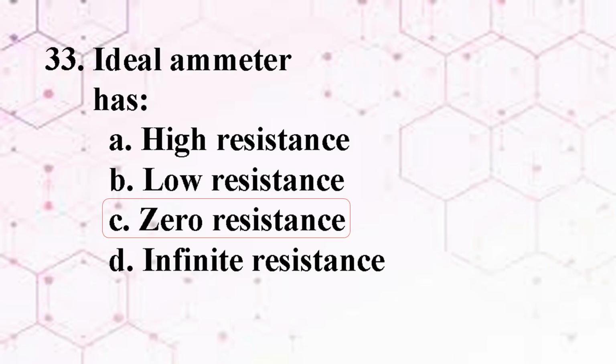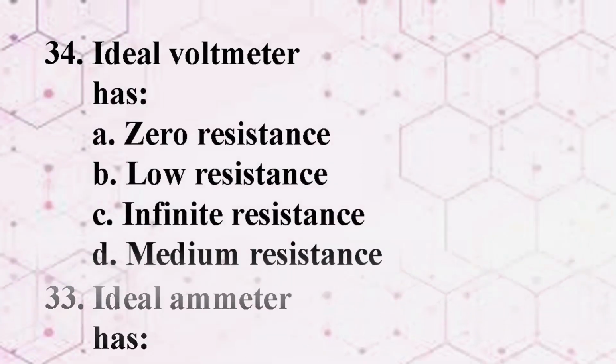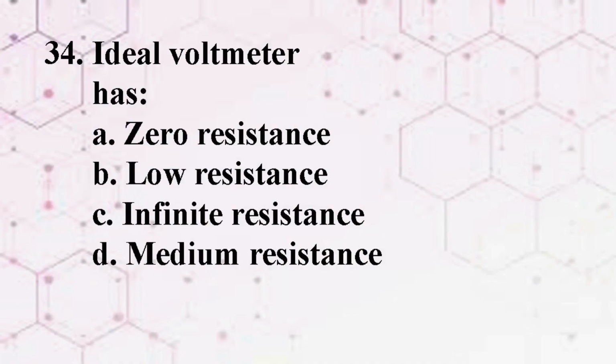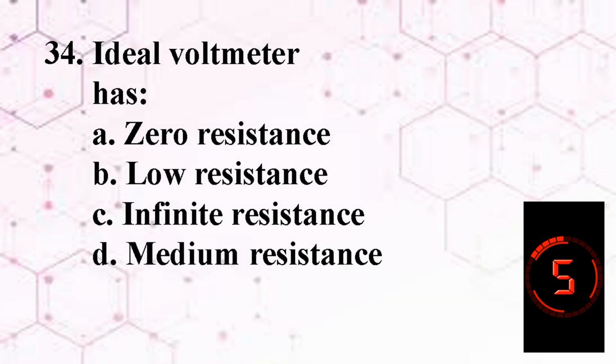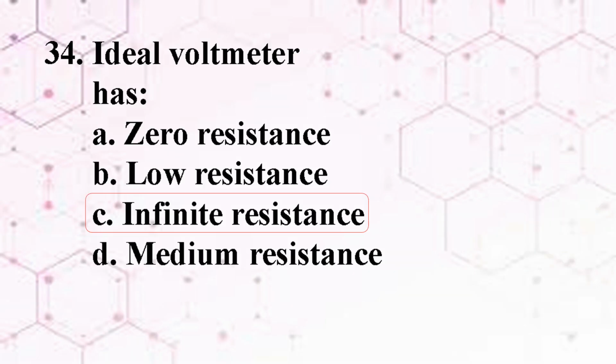The correct answer is C, zero resistance. Question number 34. Ideal voltmeter has A zero resistance, B low resistance, C infinite resistance, D medium resistance. The correct answer is C.